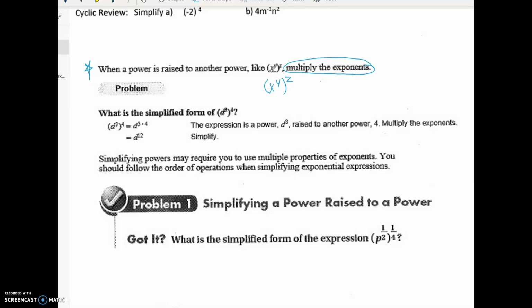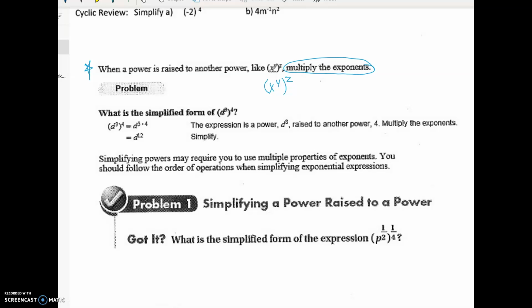So we add when they have the same base. We multiply when we raise it to a power. So here's an example to look at. We have d to the third, and it's all raised to the fourth. So we simply take the d and then multiply 3 and 4 to get d to the 12th. That's that basic idea we're looking for.